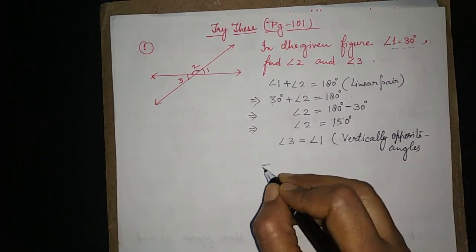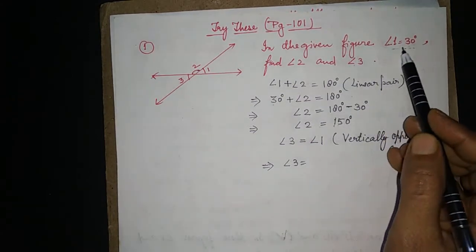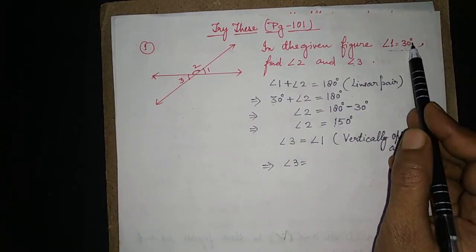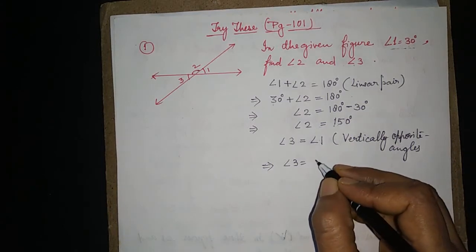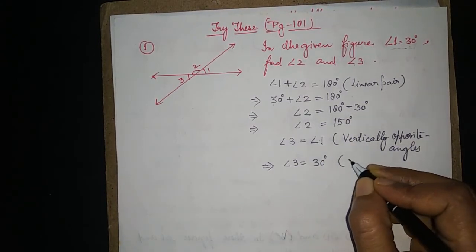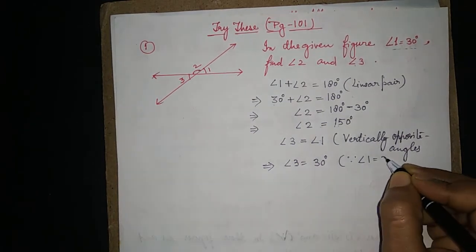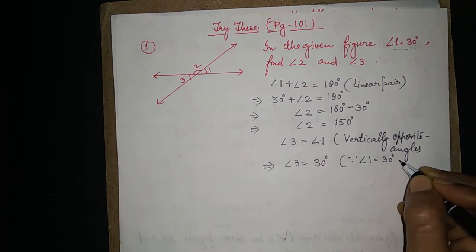Now angle 3 is equal to, here angle 1 is equal to 30 degrees. So for this angle 1 we will write 30 degrees, since angle 1 is equal to 30 degrees given.